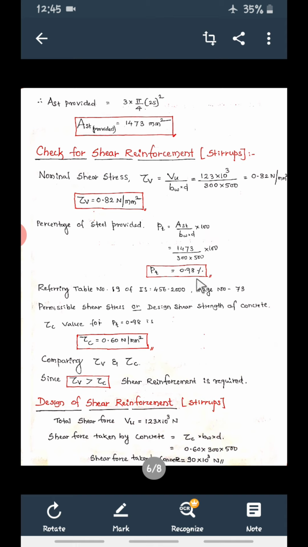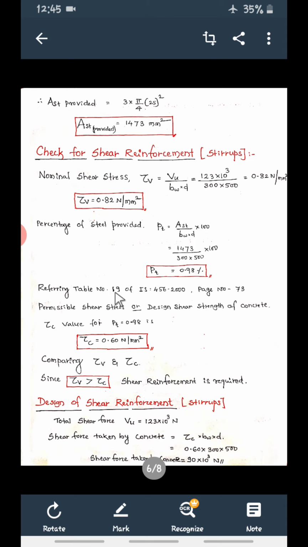That gives 0.98. So now go back to Table number 19, IS 456 2000, page number 73. Refer to Table 19 for the value of 0.98%.